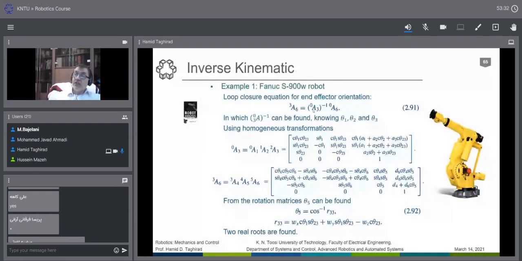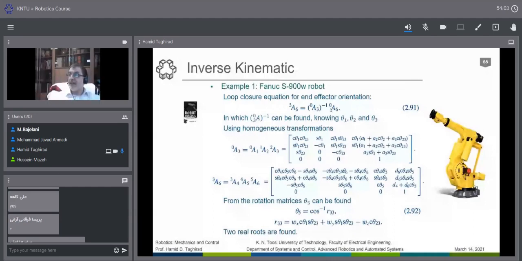This is unknown, this is known. If you just multiply these two together, it gives you 12 parameters in a matrix form, or 12 equations. From these 12 equations, some of the equations are not very complicated, and we can work with that.